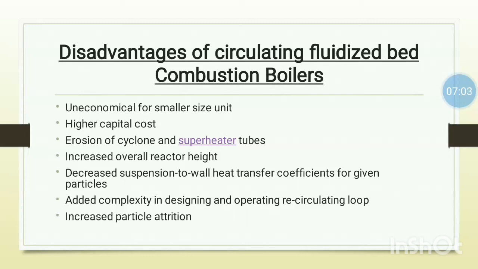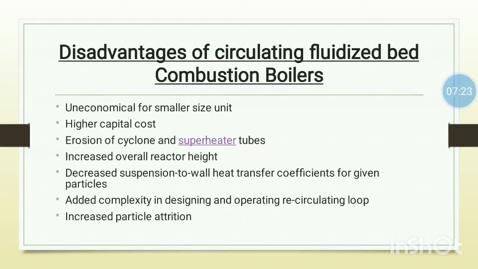So in this video we have seen the working principle of the fluidized bed combustion boiler, meaning how the conventional boiler works and what the differences are between a conventional boiler and a fluidized bed combustion boiler. You can differentiate now.